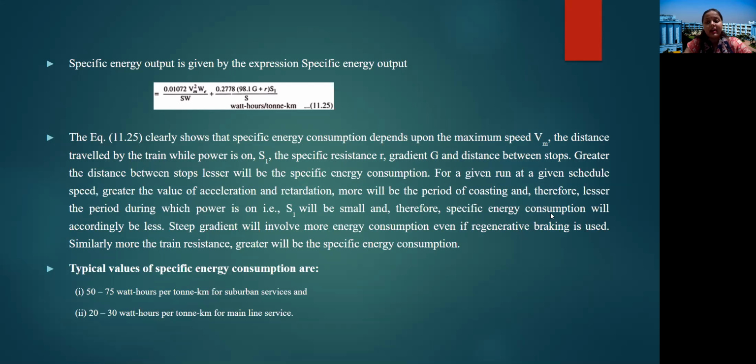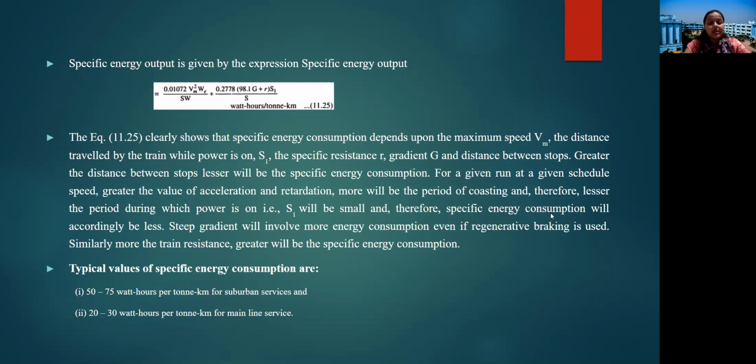For a given run at a given scheduled speed, greater the value of acceleration, retardation, more will be the period of coasting, and therefore lesser the period during which power is on. The same concept that we have studied in factors affecting scheduled speed. So typical values of specific energy consumption are, for suburban services, 50 to 75 watt-hour per ton kilometer, and for mainline service, 20 to 30 watt-hour per ton kilometer.